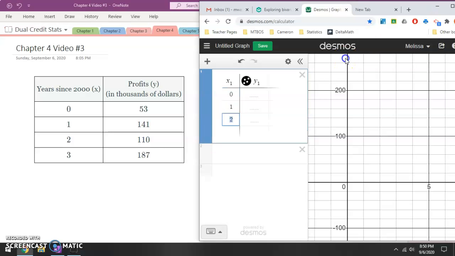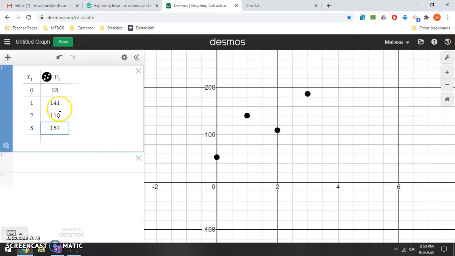So I have 0, 1, 2, and 3. And I had 53, 141, 110, and 187. And before you do your homework, I'm going to strongly encourage you to double check to make sure you typed in everything correctly. You don't want to miss something just because of a typo.